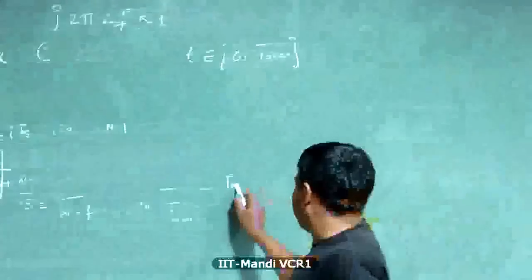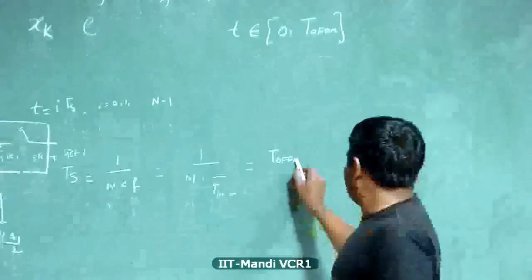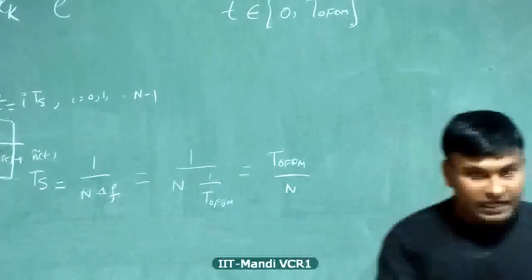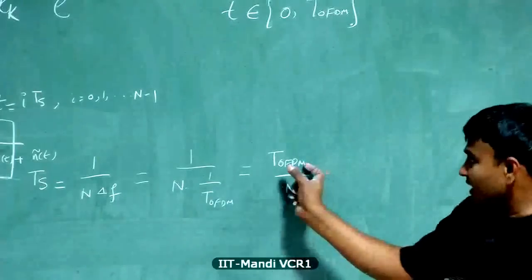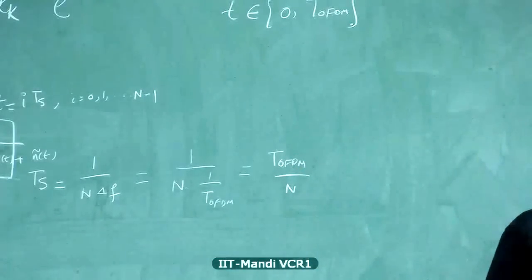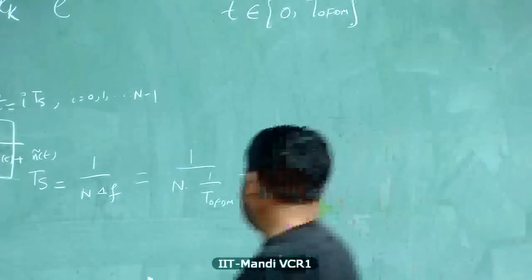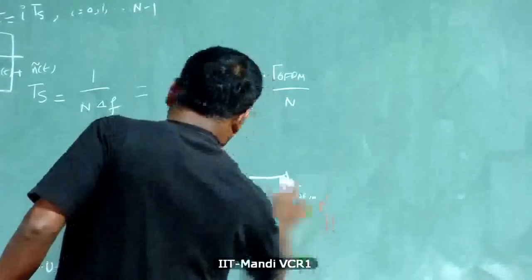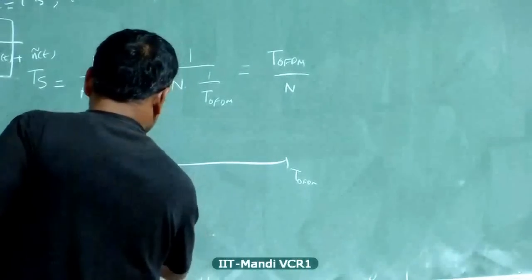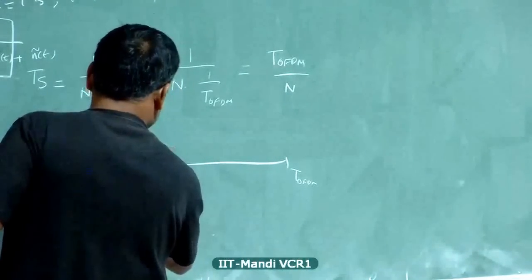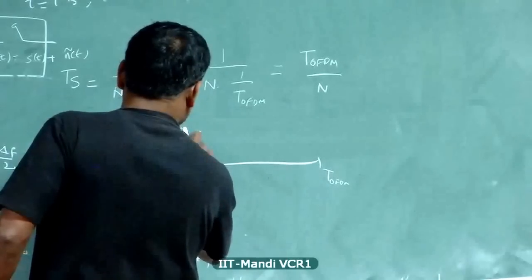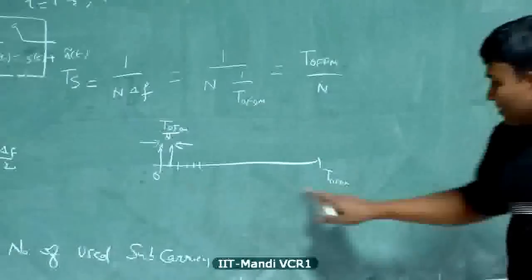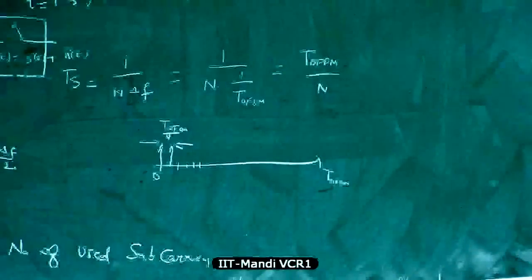That gives me Ts equal to T OFDM divided by N. So the time duration between any two successive samples is the total time of the OFDM symbol divided by N. What we are doing here is, we have a signal that spans 0 to T OFDM, and we are going to collect samples whose spacing is T OFDM by N. Essentially, we are collecting N samples in a time width of T OFDM.